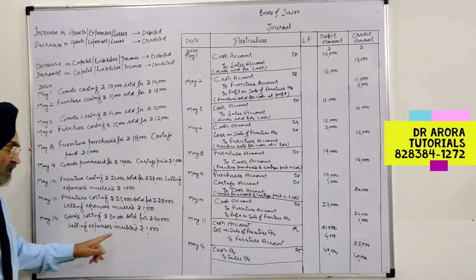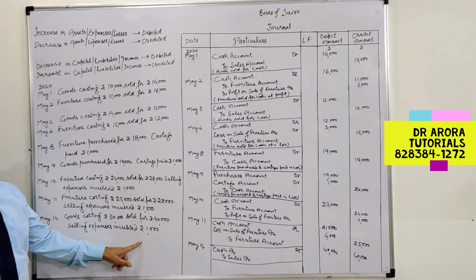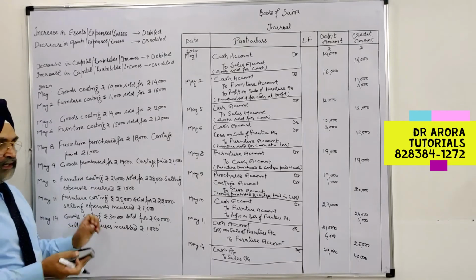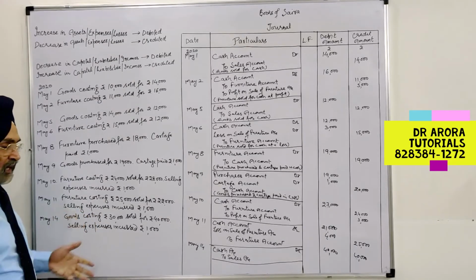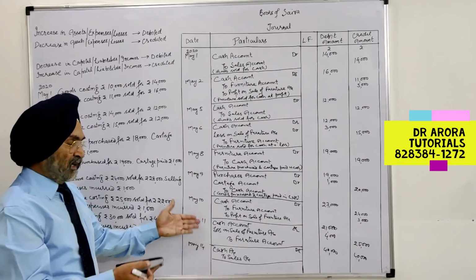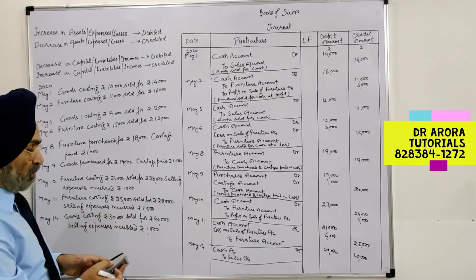And selling expenses incurred rupees 1,000. Selling expenses are to be shown separately when goods are sold, and the entry for selling expenses will be selling expenses account debited to cash, and this entry can't be combined. Entries can be combined only if either the debit is common or the credit is common.